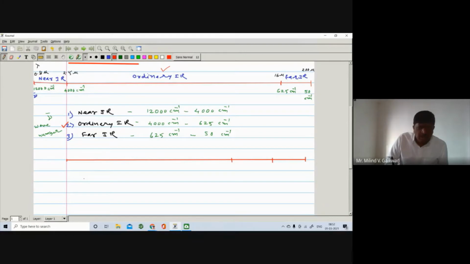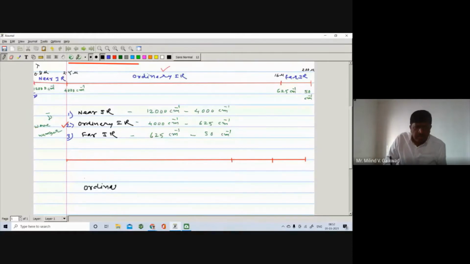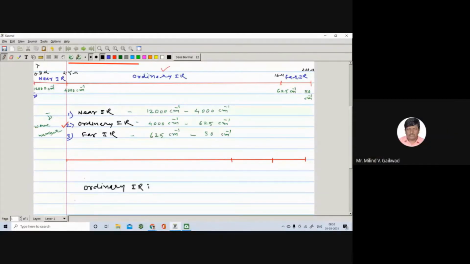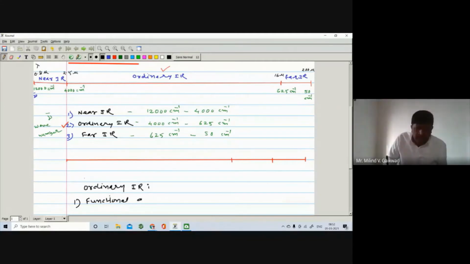Here is the ordinary IR. It is divided again into three parts. One is the functional group region, which is very important.